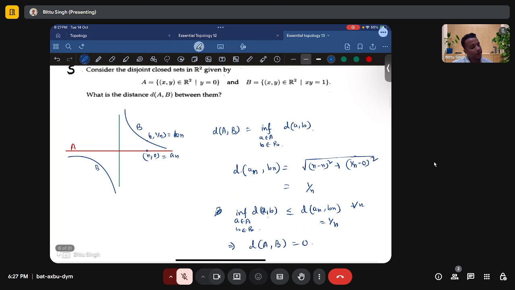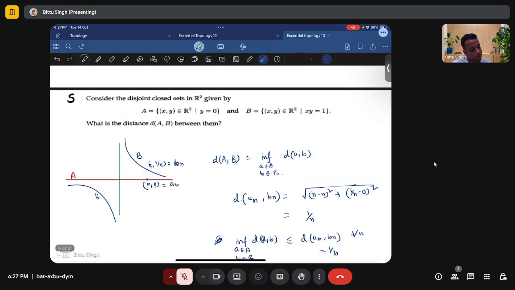So note that A and B do not intersect. There is no point which is both in A and B, but their distance is 0 because they are approaching closer and closer as n tends to infinity. Though they never touch, their distance is 0.